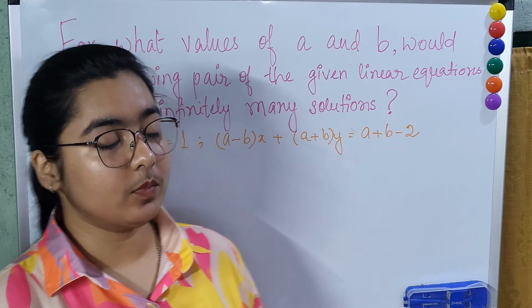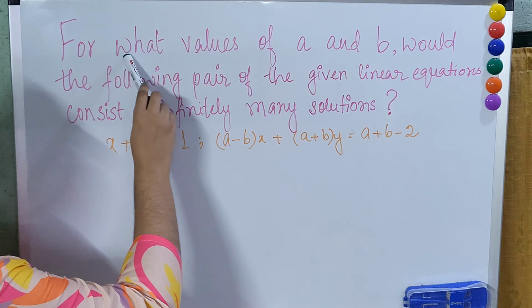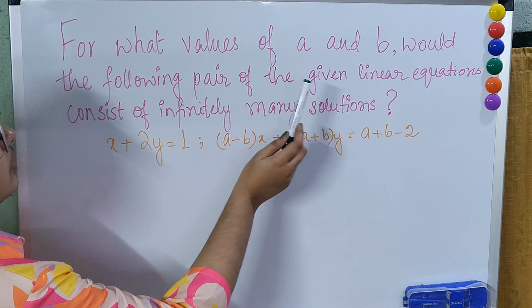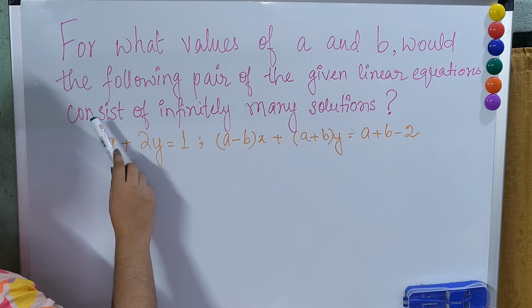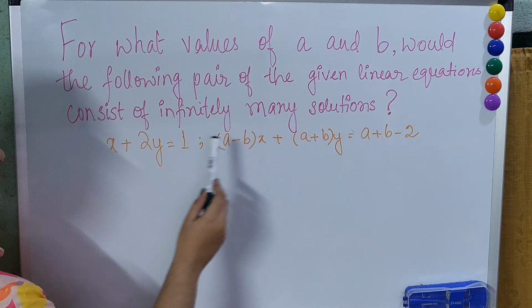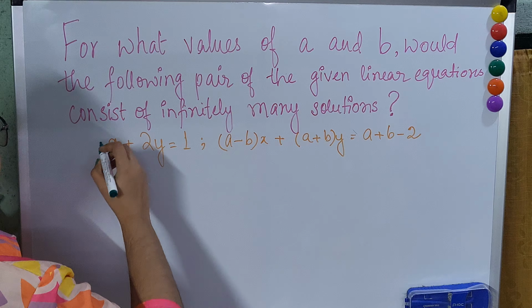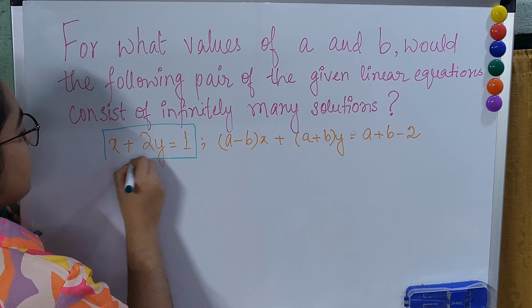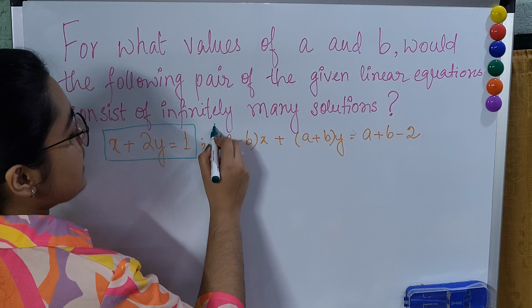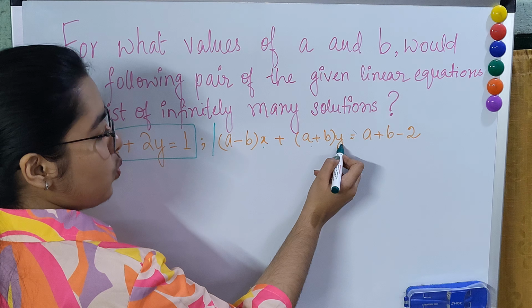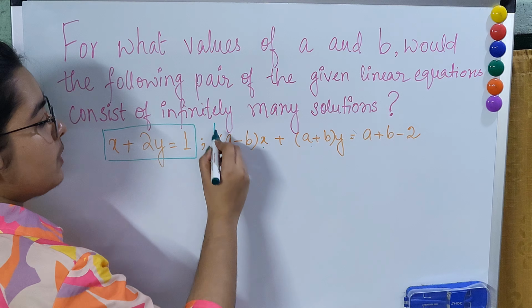So today our problem says: for what values of A and B would the given pair of linear equations have infinitely many solutions? We are given two equations. One is x plus 2y is equal to 1, and the other is (A minus B) into x plus (A plus B) into y is equal to A plus B minus 2.